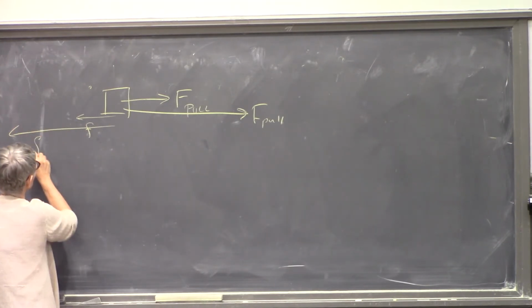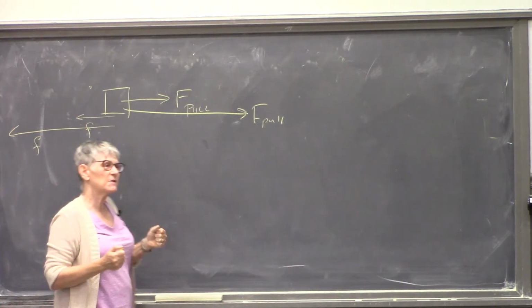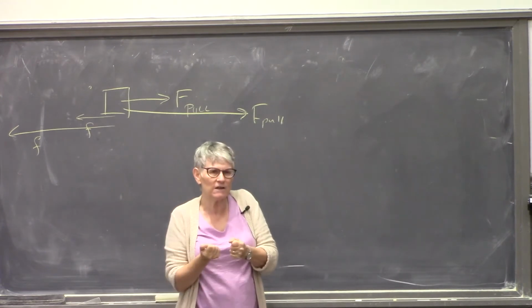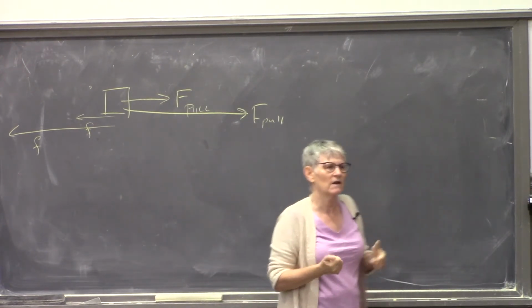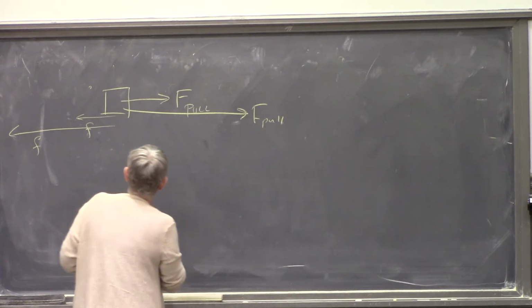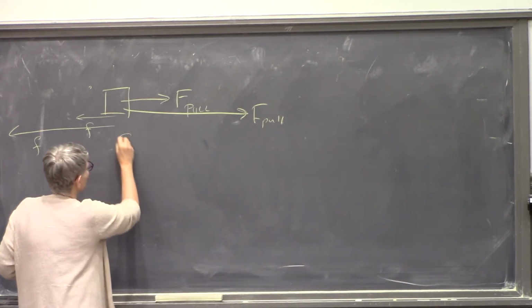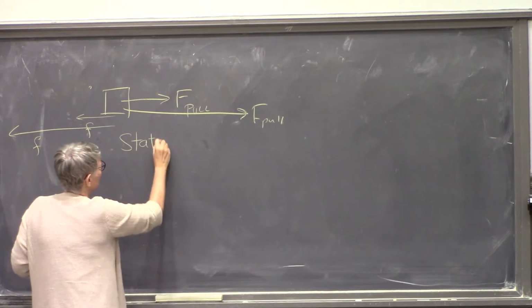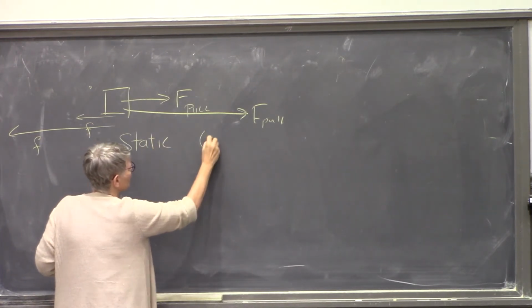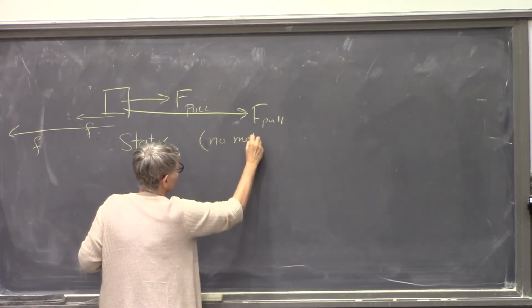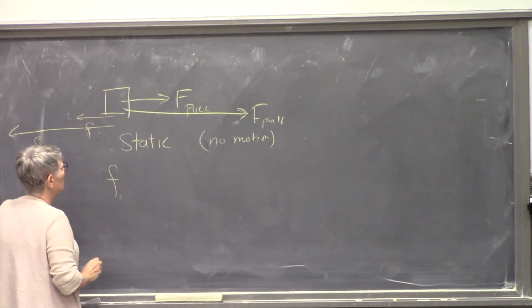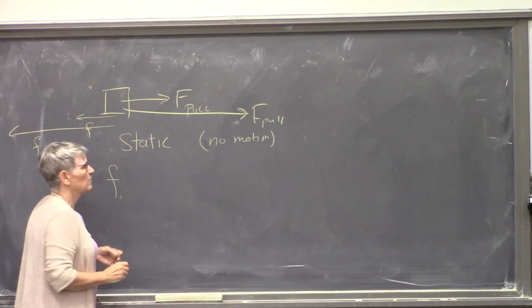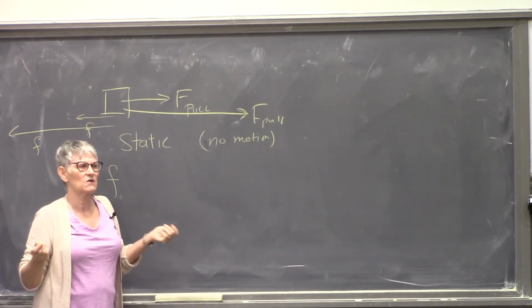So up to some point when we finally exert enough force to move the block, and then it starts to slide. So this situation is called a static, no motion situation. And the friction force in this case can increase up to some value.